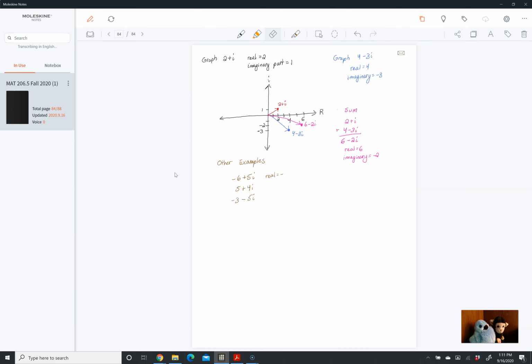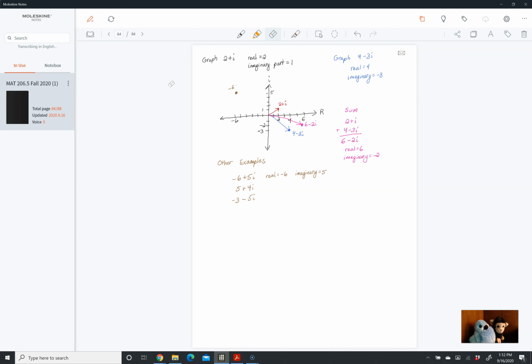So our real part is -6 for this one, and our imaginary part is 5. So on our axis, we're going to go to -6 on the real axis, and we're going to go to +5 on the imaginary. And then -6 plus 5i is going to be right here.